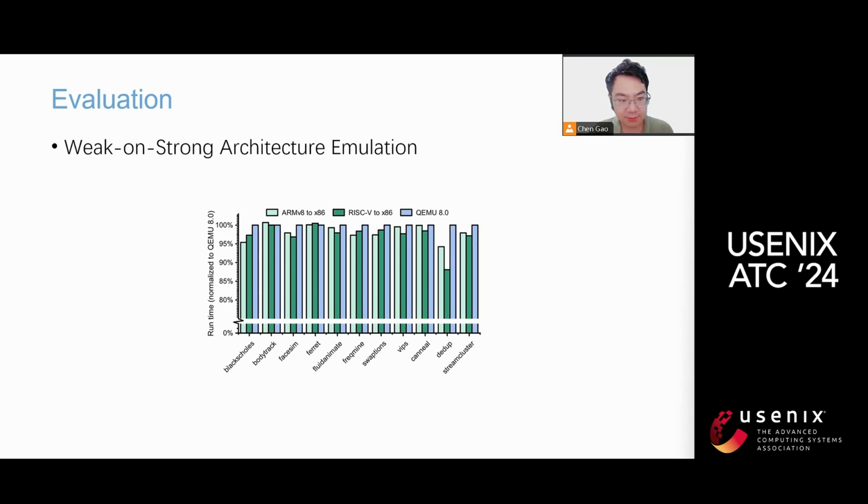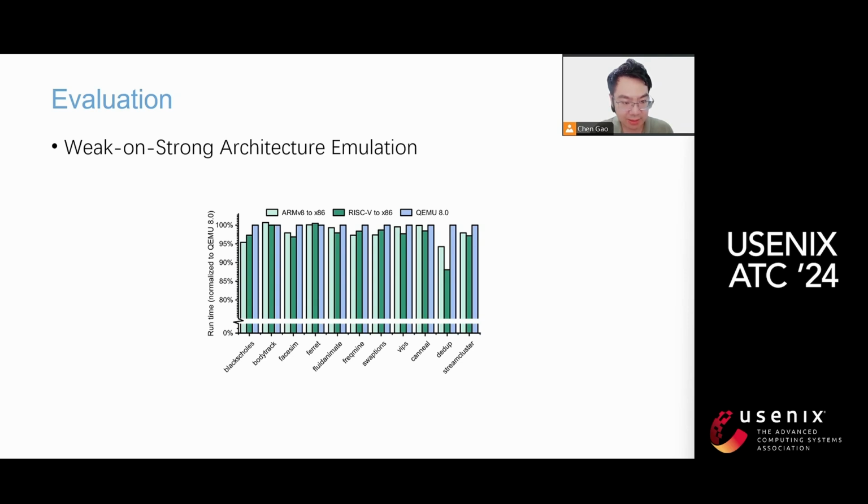In the case of weak on strong architecture emulation, only the redundant fences need to be removed. Comparing our scheme with QEMU, both schemes remove redundant fences. However, QEMU removes redundant fences in the TCG-IR to x86 mapping stage, while CrossMapping removes them in the ARMv8 to TCG-IR and the RISC-V to TCG-IR mapping stage.